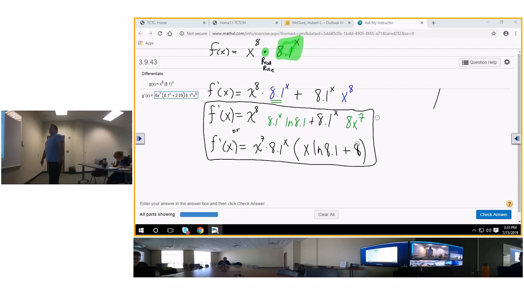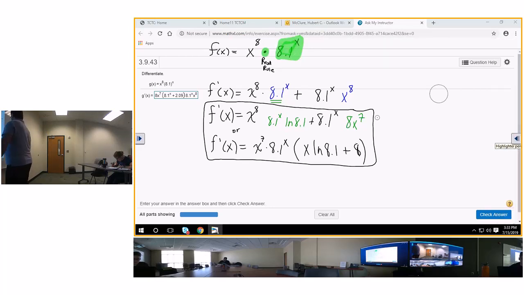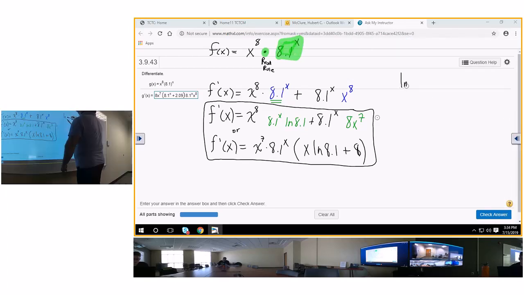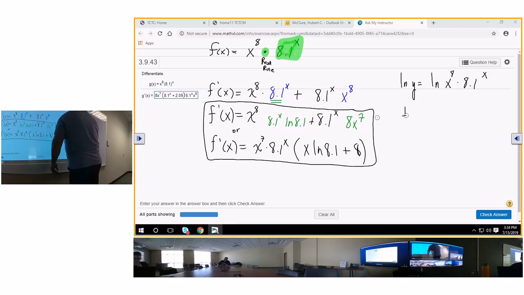Okay, now do the natural log of both sides. Natural log of y is equal to the natural log of x to the 8th times 8.1 to the x.